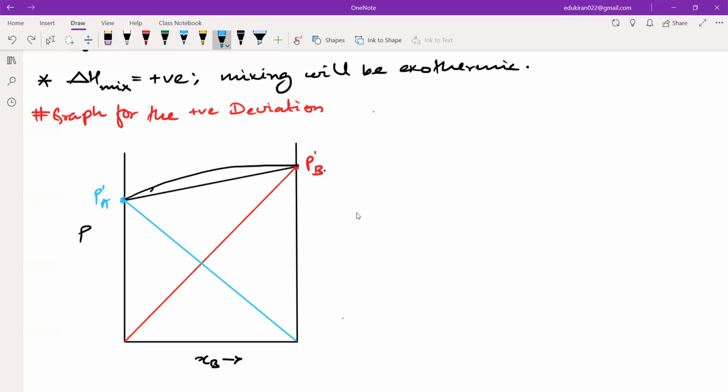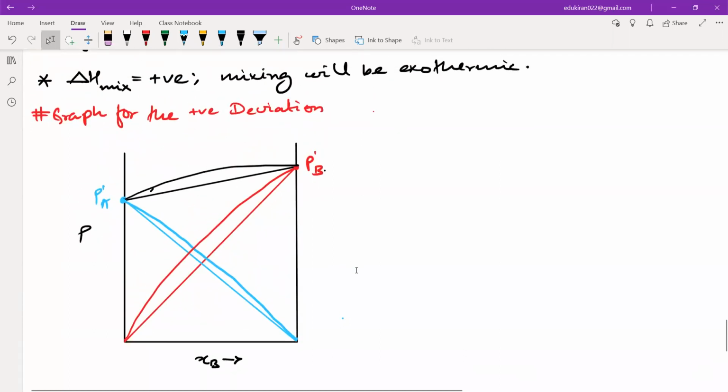Then you will also see that P naught A will be higher than the ideal situation like this. Similarly, the plot representing PB and PA will also be higher. So in all of these cases, you can see that the pressure for individual A and individual B is increasing. The P total is also increasing. So this is the positive deviation and the graph of positive deviation.